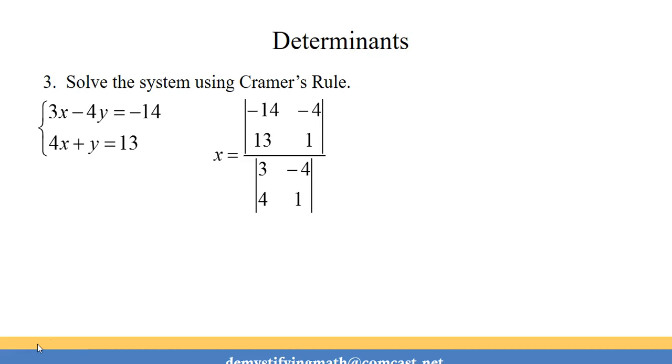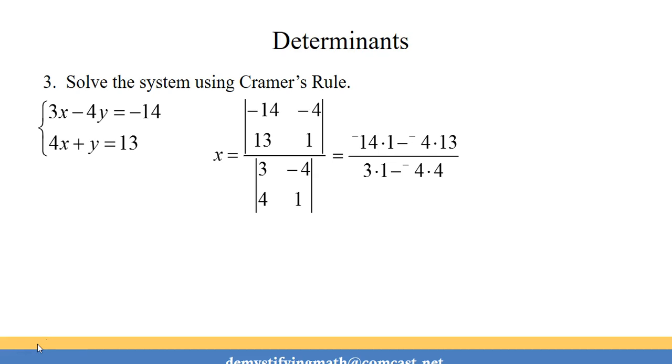So looking at our numerator where we have the determinant ED minus BF, that's the determinant of the negative 14, negative 4, 13, 1 matrix. And for our AD minus BC, that's the determinant of 3, negative 4, 4, 1.